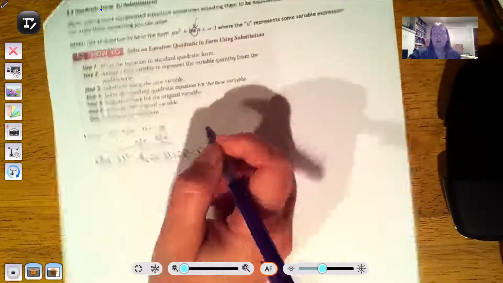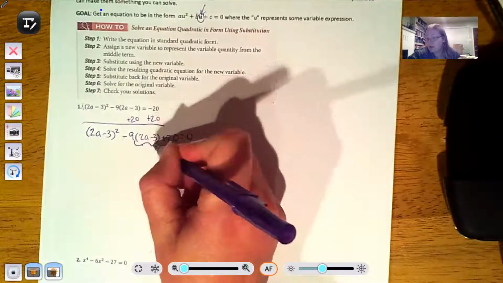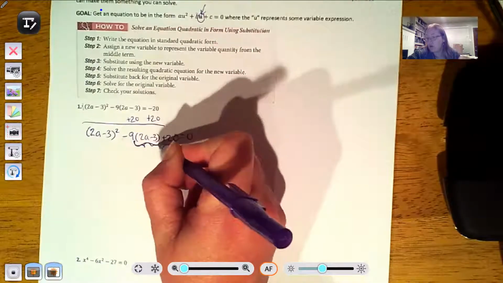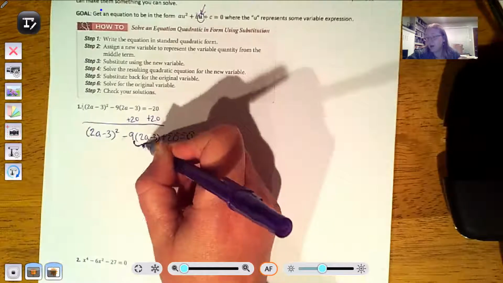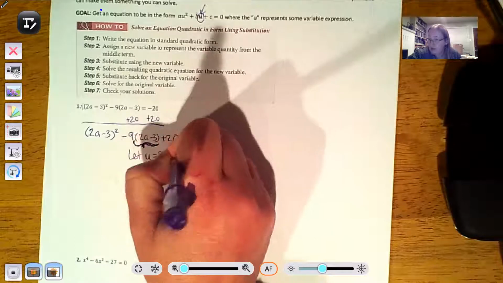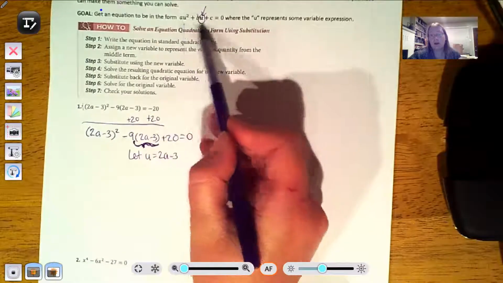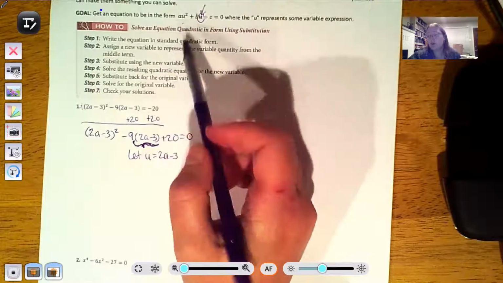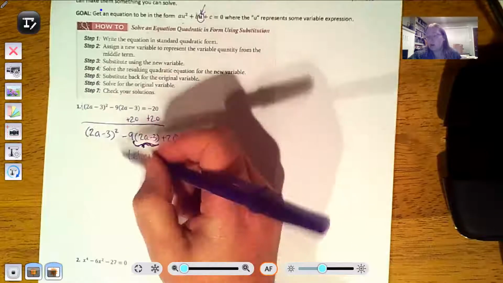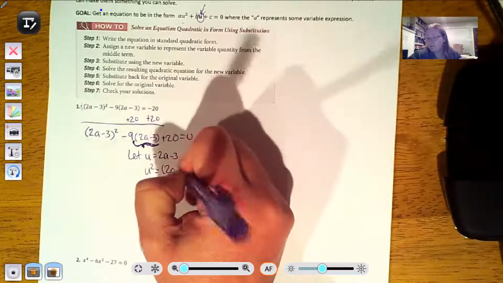And then the middle term, again, I have the coefficient, and this part is supposed to be the U if I can do it in this format. So I'm going to say let U equal 2A minus 3. Because I'm going to need to make sure it can be in this format, I want to make sure that this part is AU squared. So I want to know what U squared is. If I square this, it looks like that.